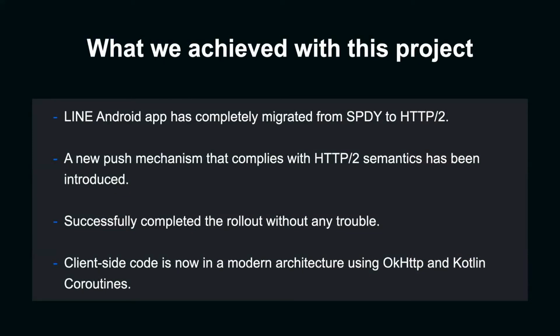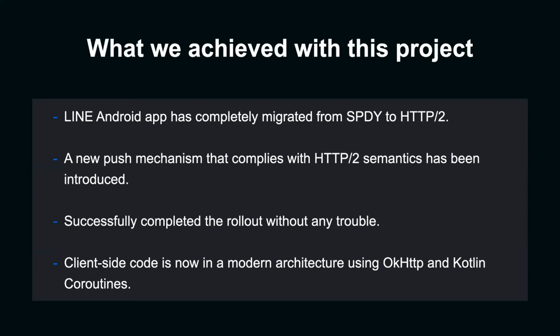We were able to migrate the network protocol used by the LINE Android app from SPDY to HTTP2. We introduced a new push mechanism for bidirectional communication over HTTP2 and were able to complete these rollouts without any problems.